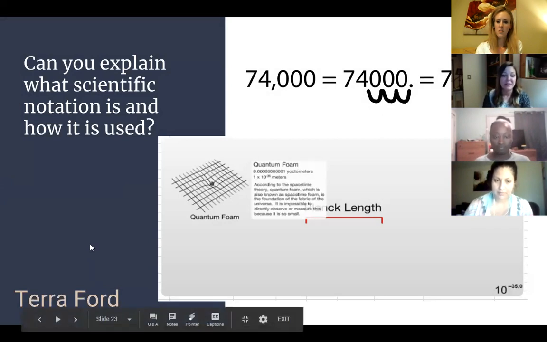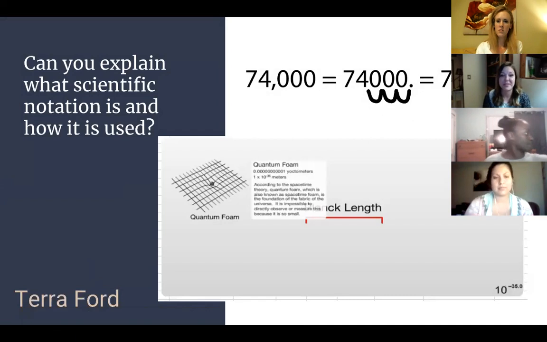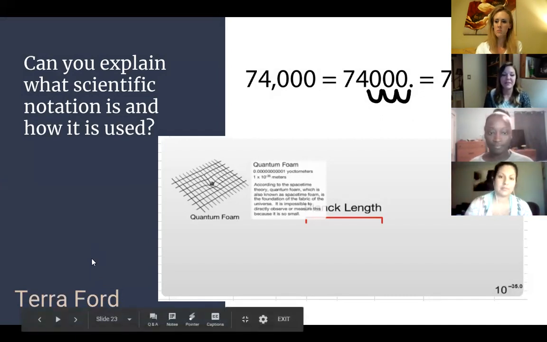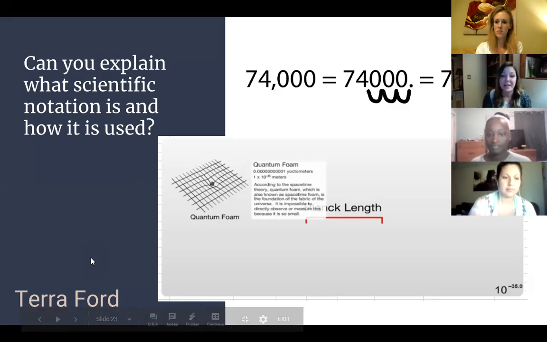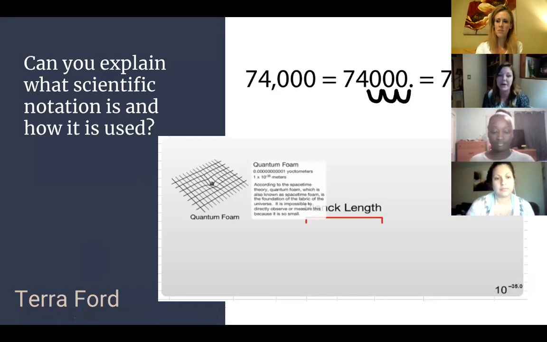That number times 10 and raised to the power that you move the decimal becomes the scientific notation of that number. If you have a number less than 1, you will have a negative exponent, as we see here in the scale of the universe. And the letter E is how that's noted on a calculator. E simply means 10 to the power of.